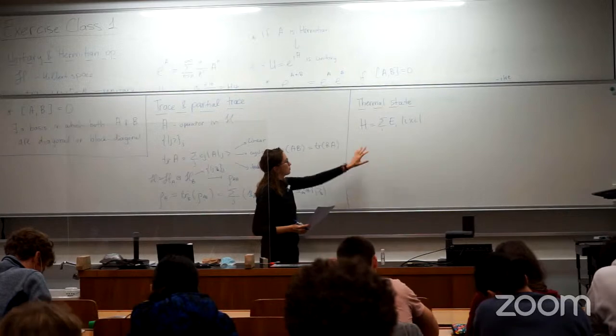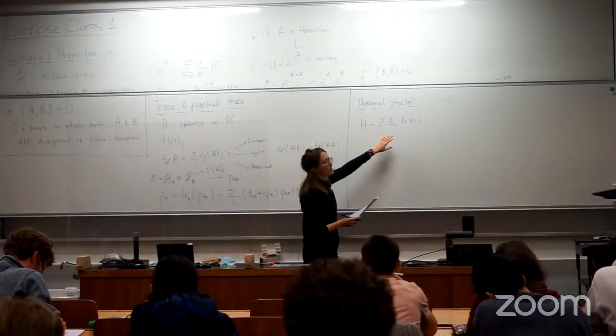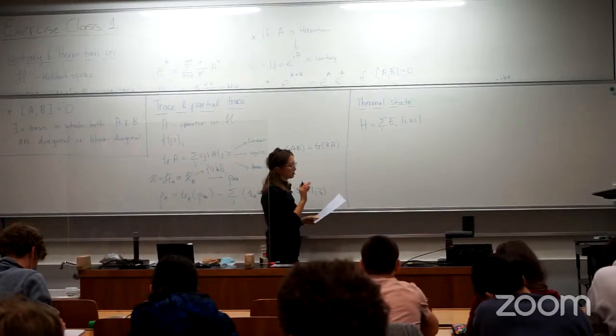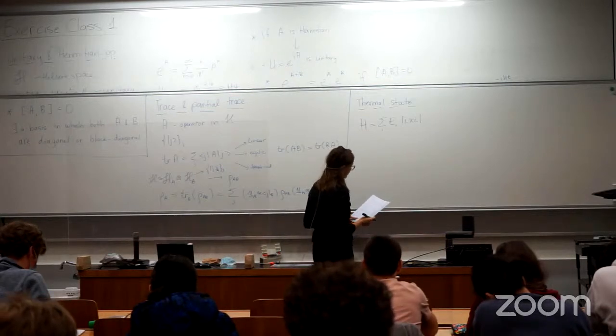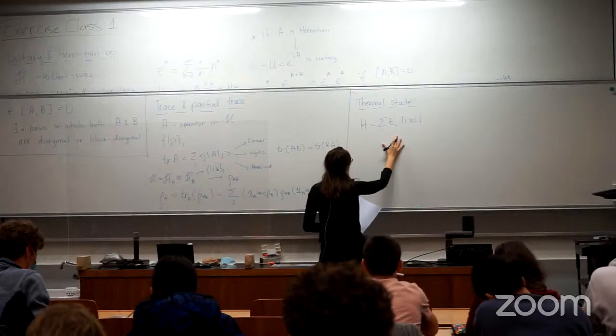Basically, this Hamiltonian in this basis i is diagonal, and each state i corresponds to the energy E_i. And then we say that the system is at temperature T.